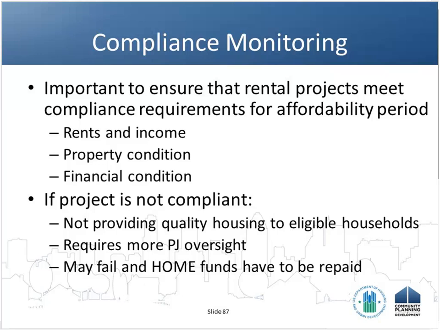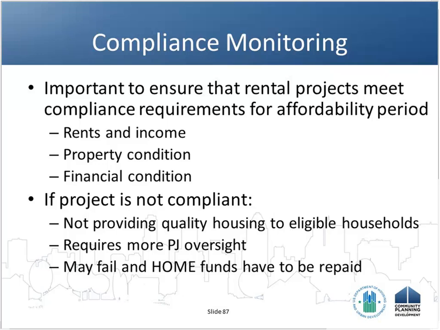And we're going to talk a little bit more about some of those ways that we might collect that information. So a project's going to be considered to not be in compliance when we've got folks that are not eligible, they're not being charged the right rent or income. And in those cases, we need to make sure that the PJ then has actions that are being taken to make sure that all of these compliance issues are addressed, the property is quickly brought back into compliance.